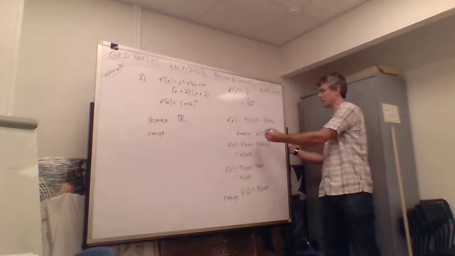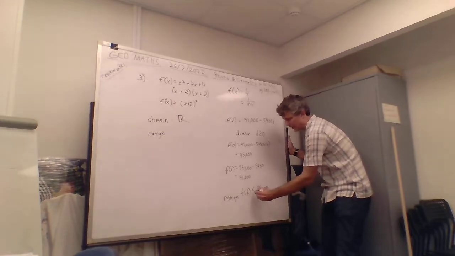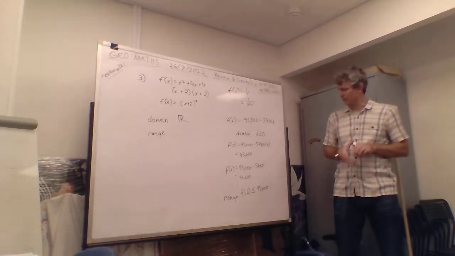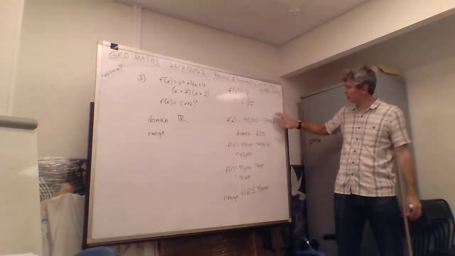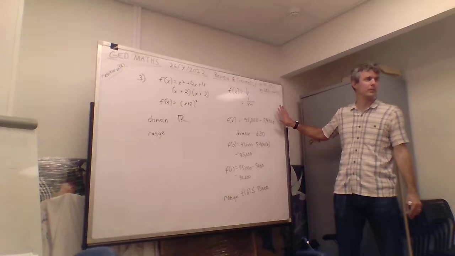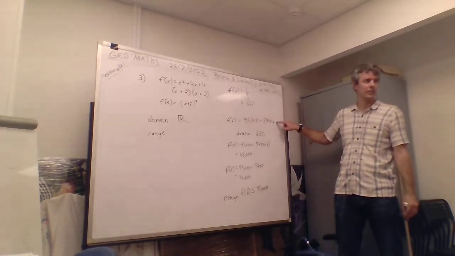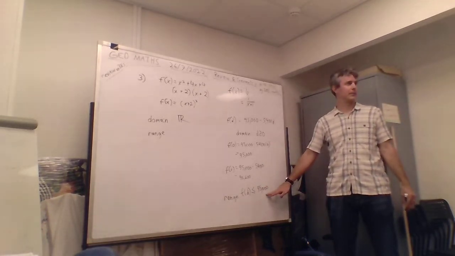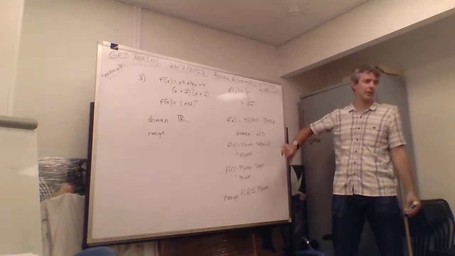If we can have a day of 0, then it's less than or equal to 95,000. The only way to make this bigger than 95,000 is if d is negative. But because d is always positive, it will always be less than 95,000, because of the minus. So that's how domain and range work.